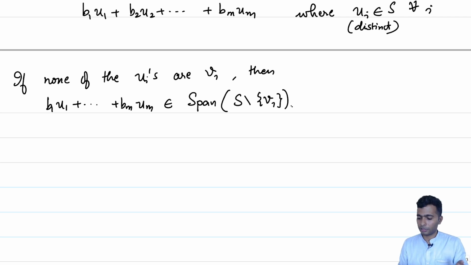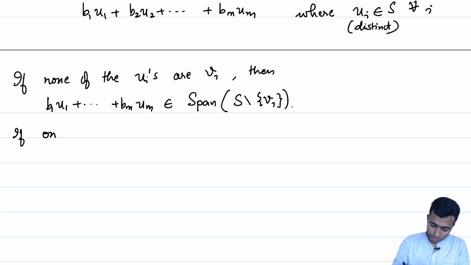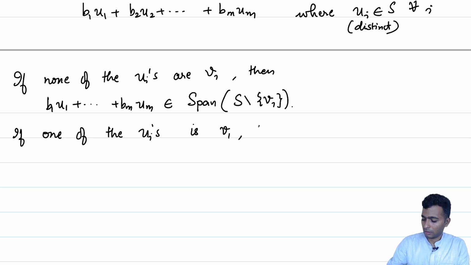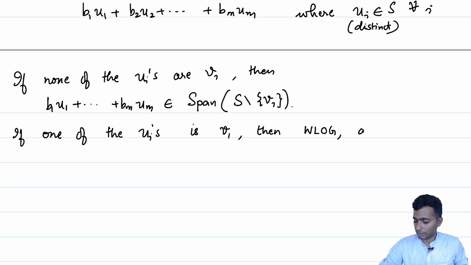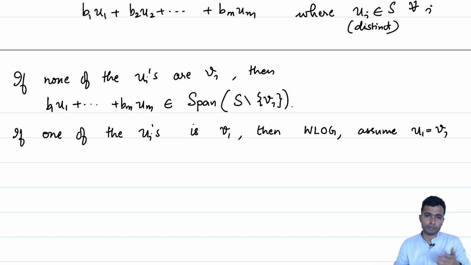So, the problem comes if one of them is v1. Without loss of generality, assume u1 is equal to v1, after renumbering the indices if needed, just like in the previous case.